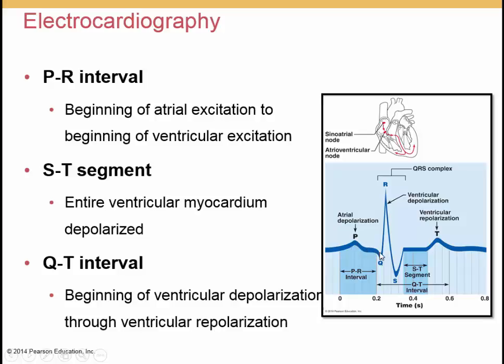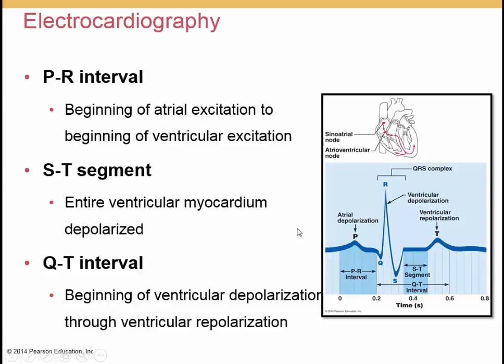So this in time is going to measure that signal of sinoatrial node kicking off to that atrioventricular node relaying the signal for the ventricle to become excited and start to contract. So we're watching the time frame from there to there.